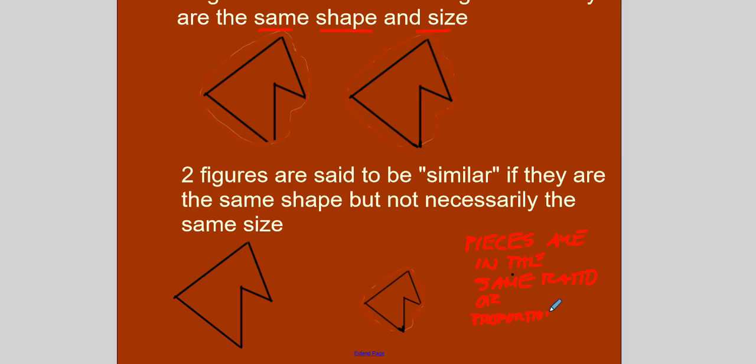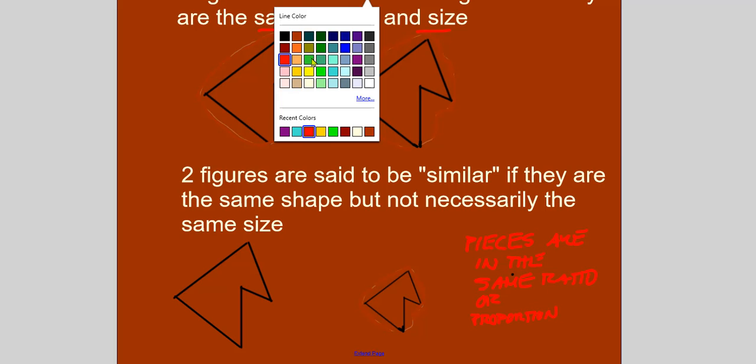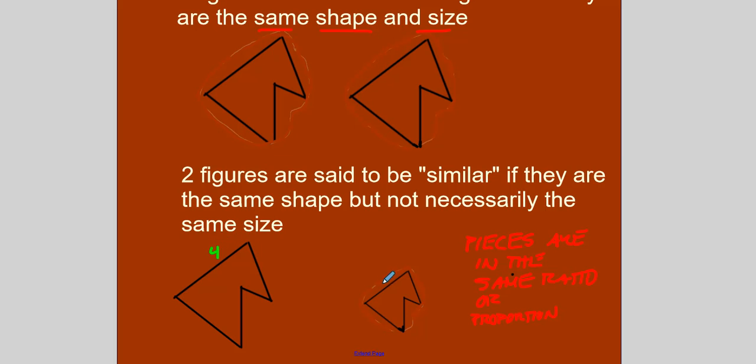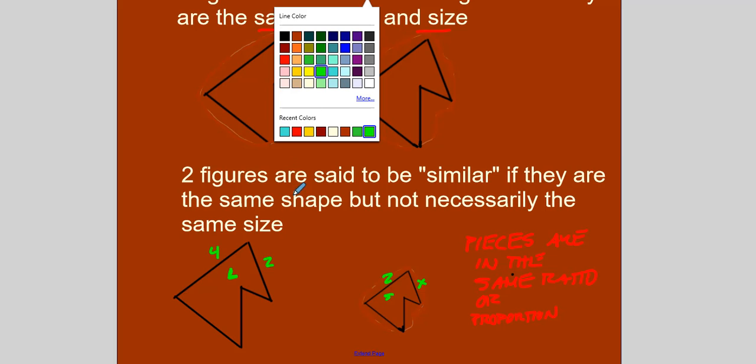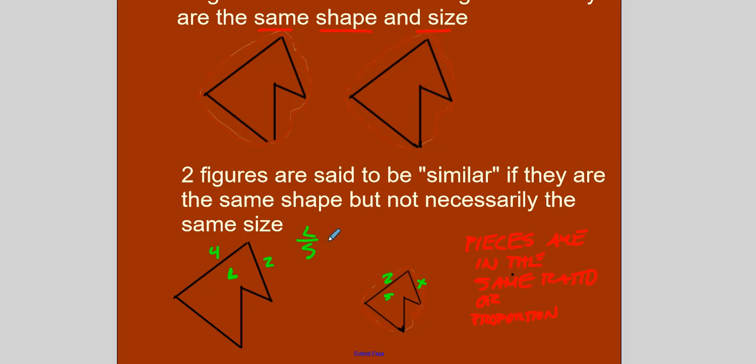Let's just give a quick example of what I mean here. So if this is 4 and this is 2 and this is 2, since these are in the same proportion, I could say, what does this missing side have to be? Let's call it x. The ratio of large to small.